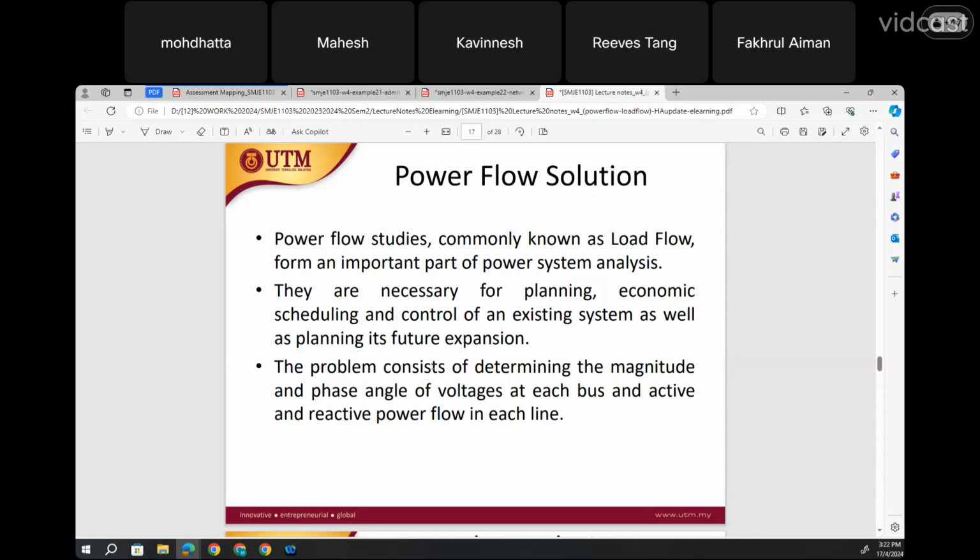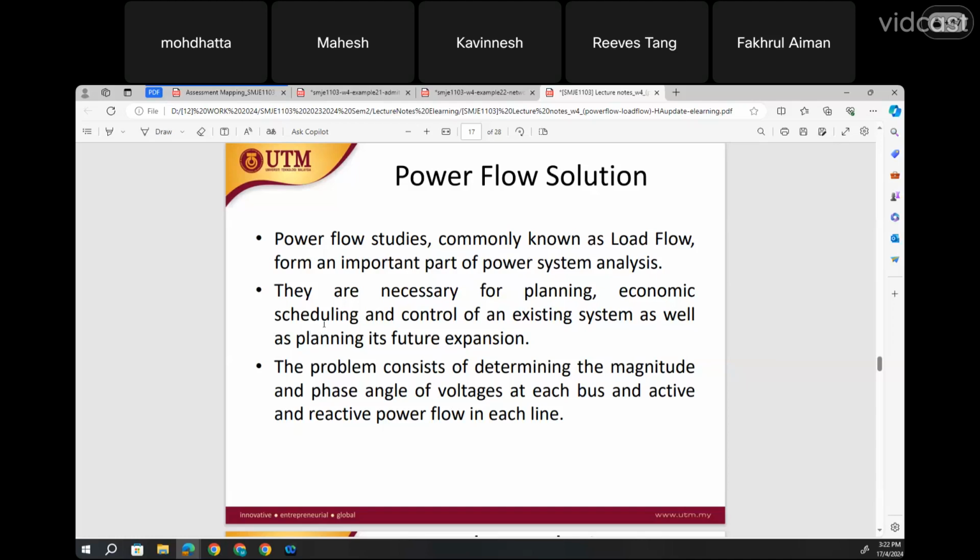This part is also very important in order for you to complete your assignment 1. I want you to have independent study to learn more about the power flow analysis. I will guide you on what you need to know, but on the mathematics side, I'm not going to get into details.